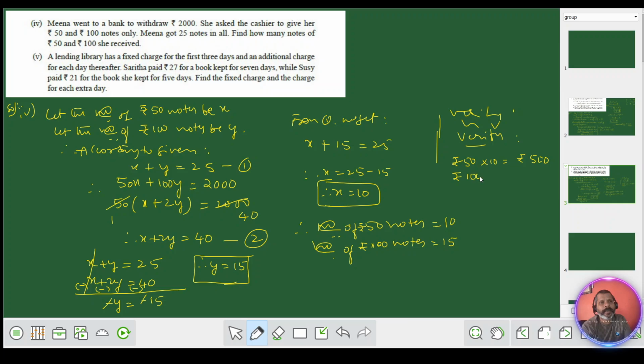Then 100 rupees into 15 notes gives you 1500 rupees. When you add them, it gives you 2000 rupees. Yes, it is matching. What was the count? They gave 25 notes together. This count also, if we add, how much do you get? 25 notes. So this means you are sure you will get full marks for this question. Okay. We'll move to the last question of the exercise and the chapter as well.